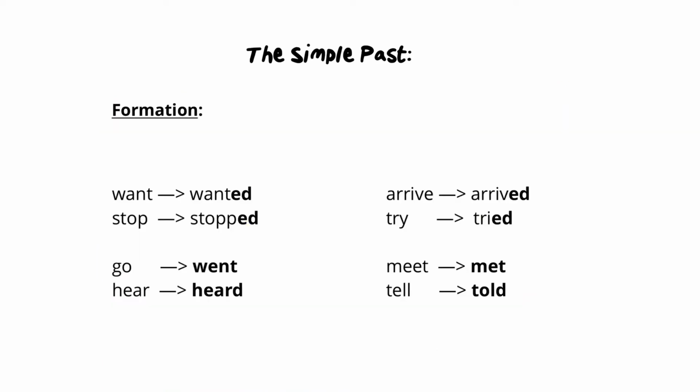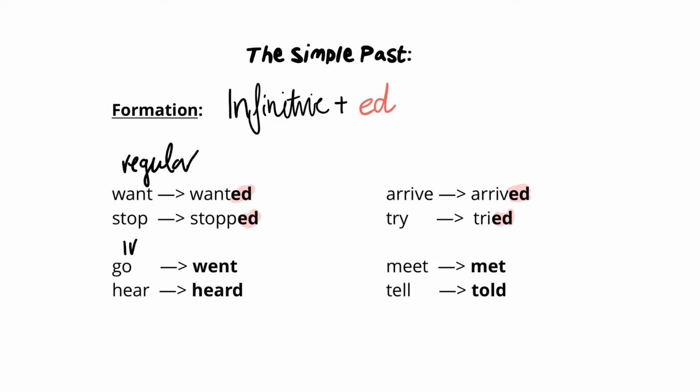Just as a quick reminder how the simple past is formed, you already know that the simple past is formed with the infinitive plus the addition of the ending ed. There are regular and irregular verb forms. With the regular verbs, you just follow the rule above.